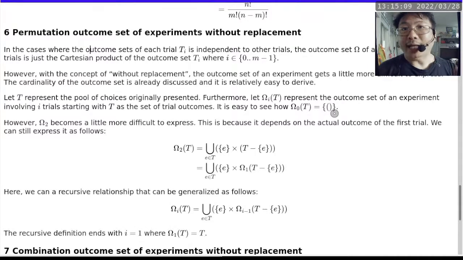But that so-called nothing does count as one thing. So that means if you count the cardinality of omega I of t, it should be P of the cardinality of t comma I.